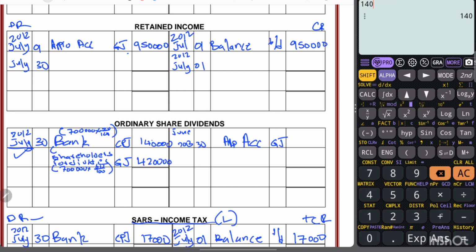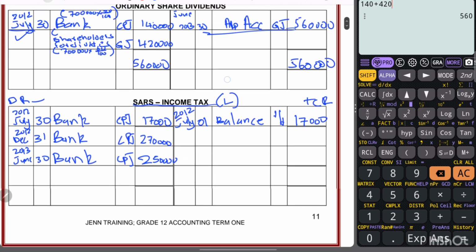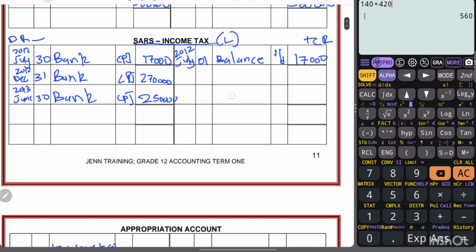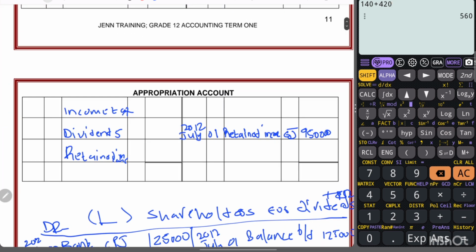It's going to be 140 plus 420. Then we are going to close off 560,000. Then because we wrote appropriation account here, this amount must be shown in the appropriation account. Dividends on ordinary share capital is 560,000. Then we are done.